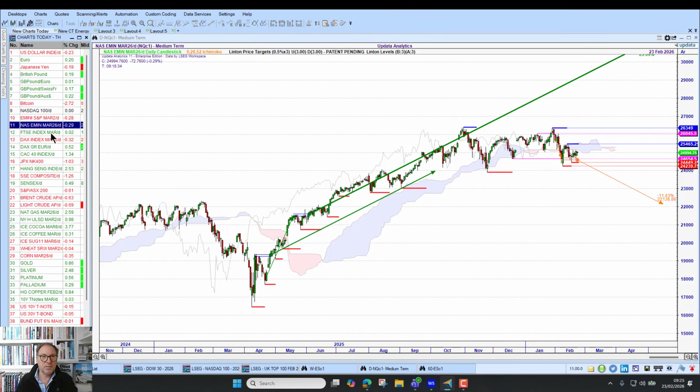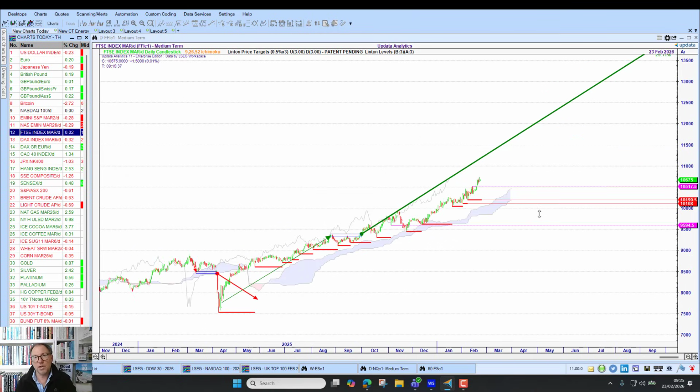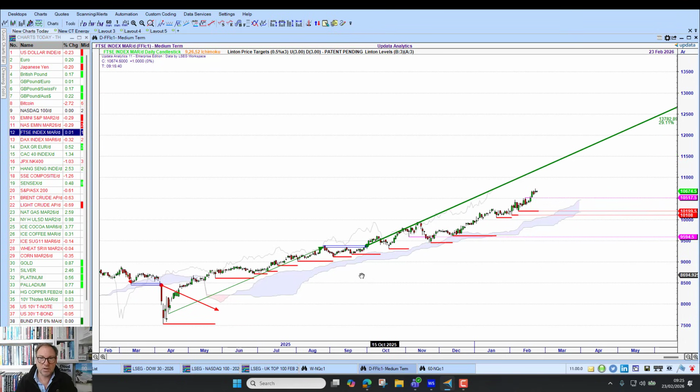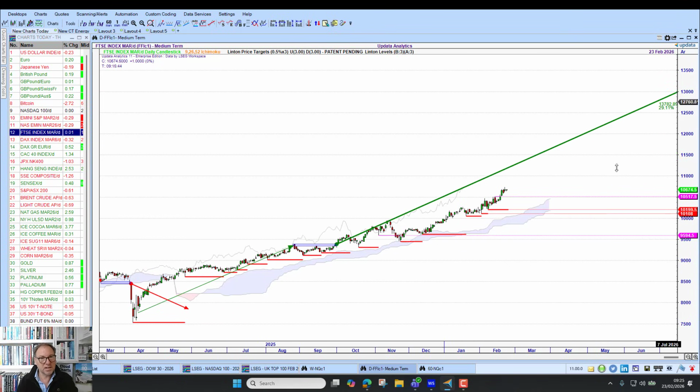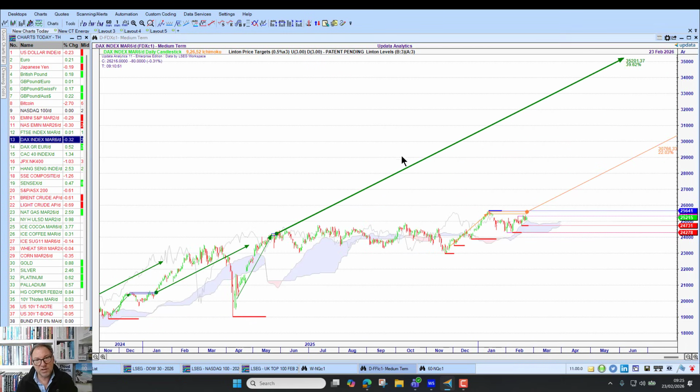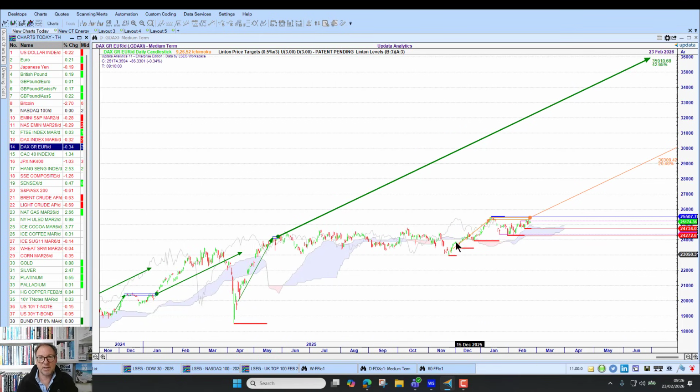Still looking pretty strong on the chart, all the way heading to that target, looking much stronger than the US. Whether we'll reach that target, if we see problems with the US markets, then that is going to curtail European markets. We're seeing an interesting situation on the DAX where the future is down, but the cash is up. So that's really quite interesting as well.